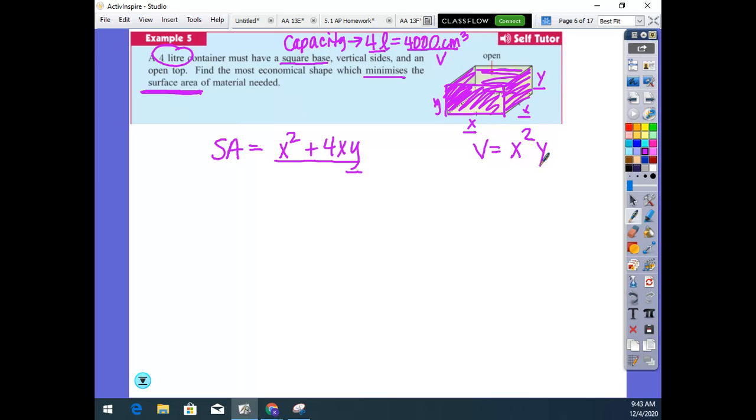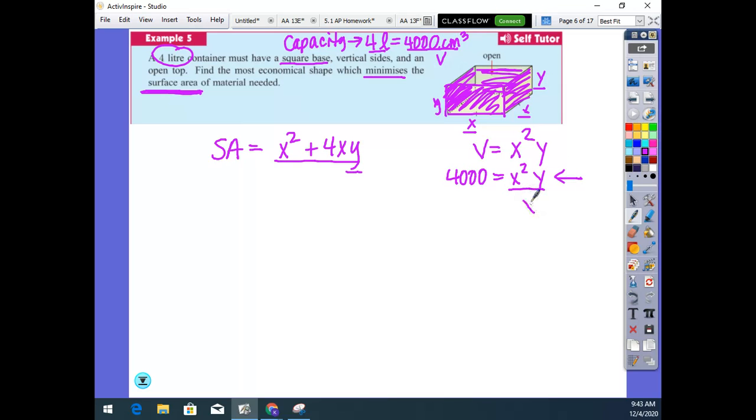So in this case, x squared y. But I know this particular prism has a volume of 4,000 cubic centimeters. And so what we can do is use this equation to substitute.